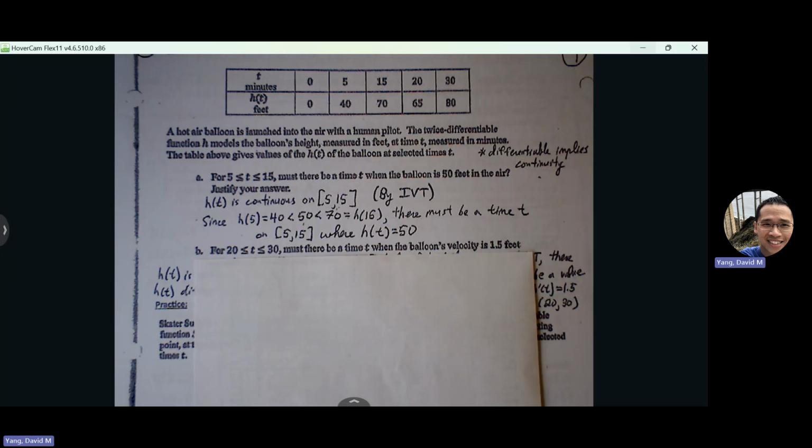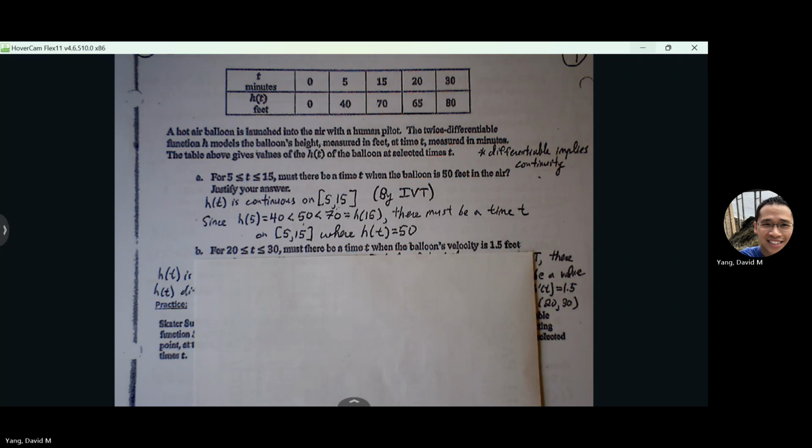So between 0 and 20, we can figure out what that average velocity is. And if my average velocity ends up being 3.5 feet per second, then I've got to experience a 3.5 velocity somewhere between 0 and 20.